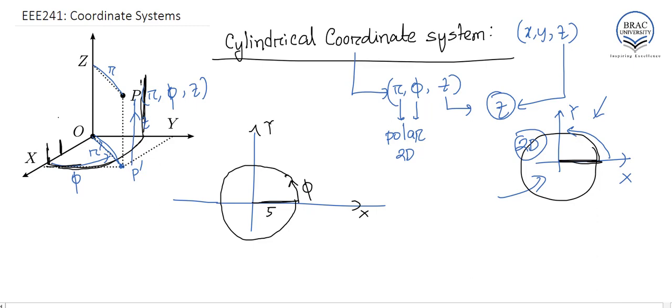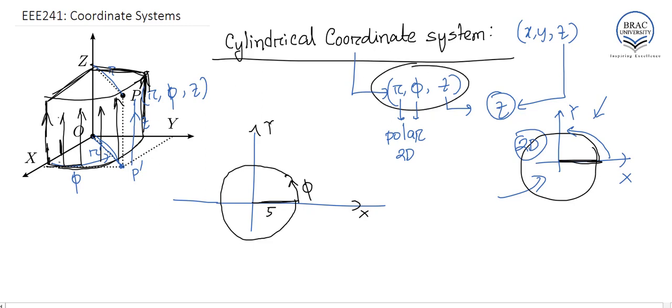over here. Let's say you just move all the circle together upwards, you would end up getting a cylinder in the end. All right, so Cartesian coordinates were creating a rectangular parallelepiped, whereas these three coordinates are creating a cylinder as you go forward.